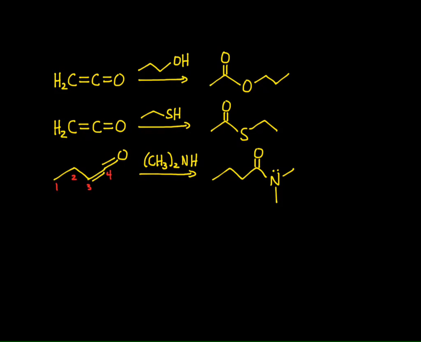So I have 4 carbons, and therefore I should have a total of 4 carbons, and of course that fourth carbon should be a carbonyl, and I see 1, 2, 3, 4. That's one way that you can ensure you're not missing a carbon in the product that you're drawing.